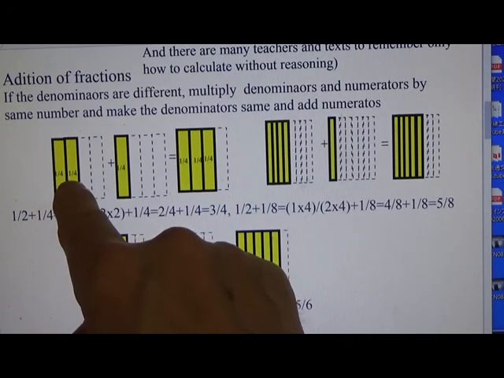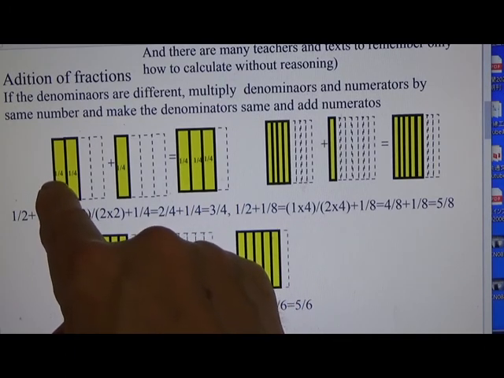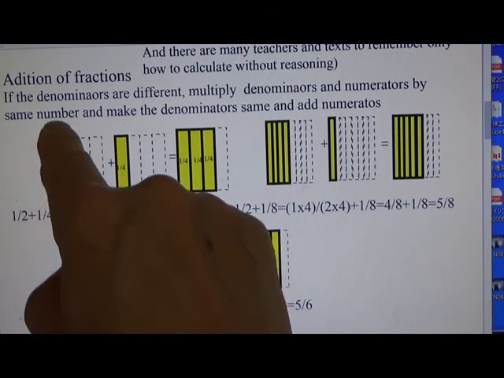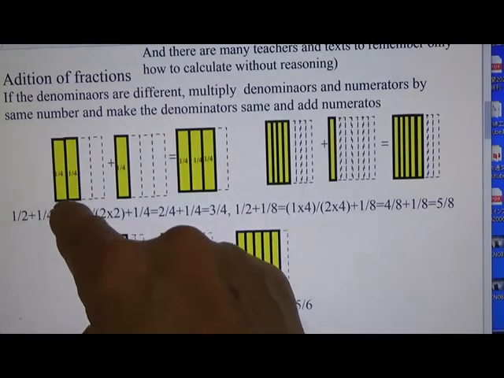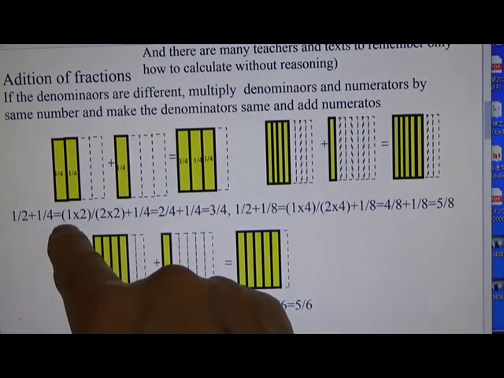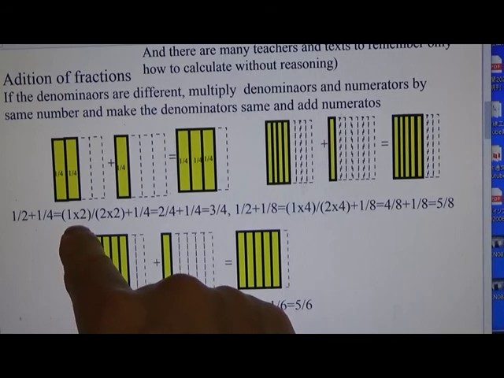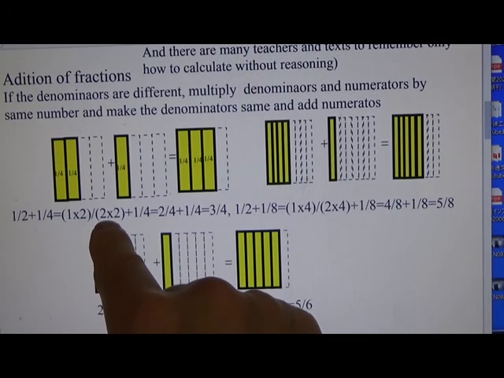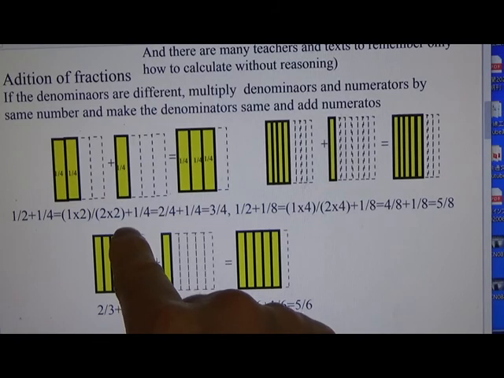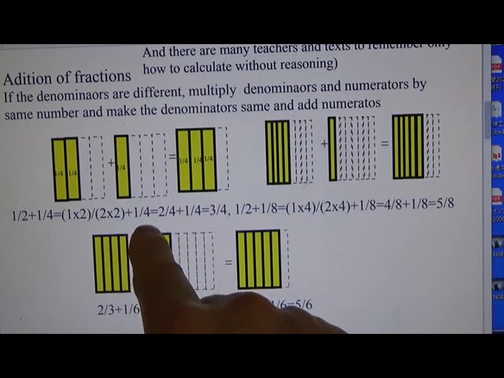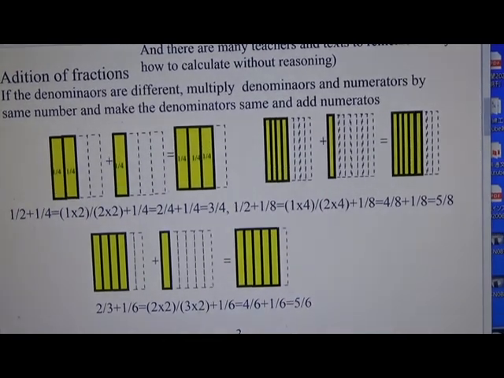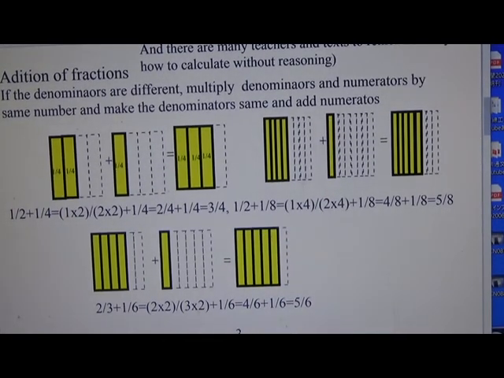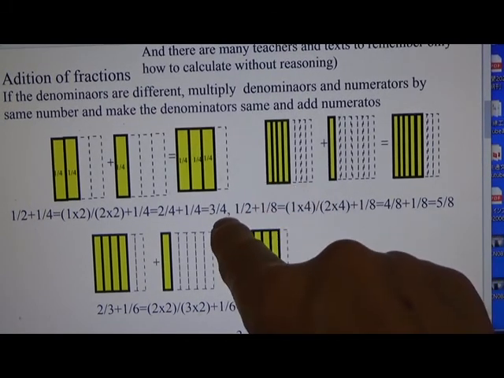This is 1/2. 2/4 is the same as 1/2. That is 1 multiplied by 2 divided by 2 multiplied by 2, plus 1/4, is 2/4 plus 1/4. That is 3/4.